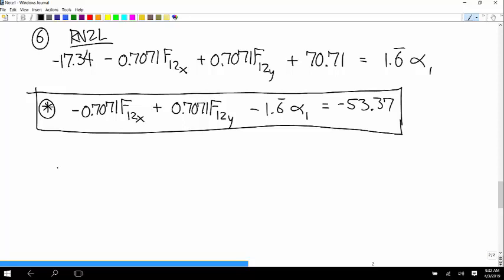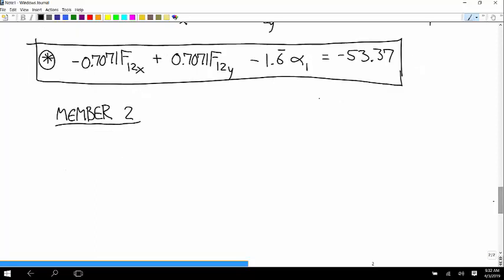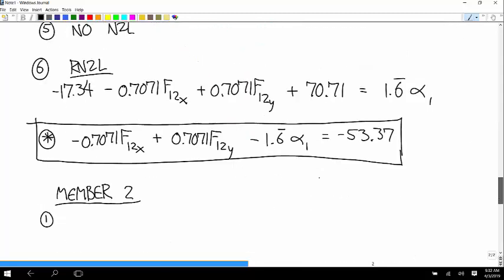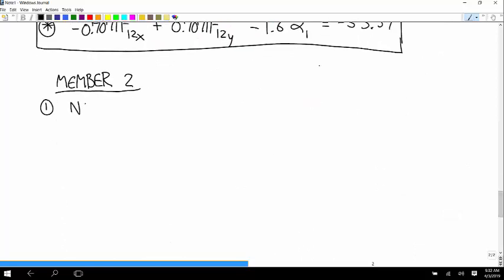Now we'll go to member 2. Okay, so member 2 is the top member. Does that have a fixed point? No. So the about point is the center of mass.